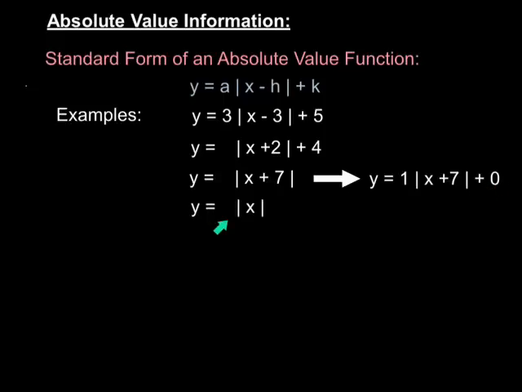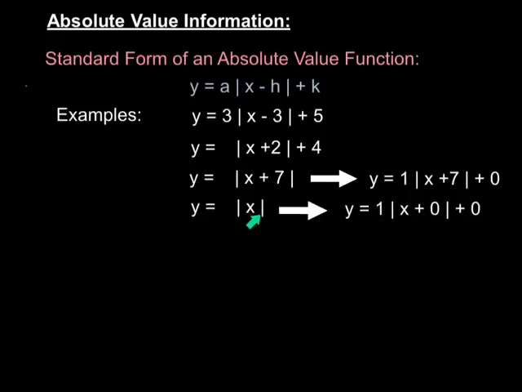Okay, I'm going to fill in the gaps for our next one. You don't see a number in the a position, you don't see a number in the h position, and you don't see anything in the k position, so I'm going to fill that out for you. You can see in the last example, y equals the absolute value of x. But remember, we do have a number in the front, which would be a 1, even though it's not showing.